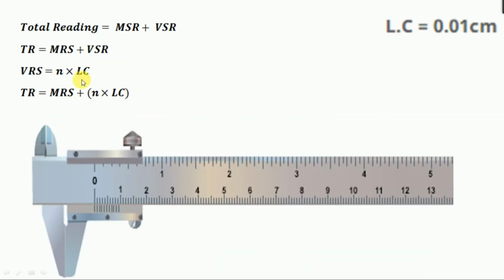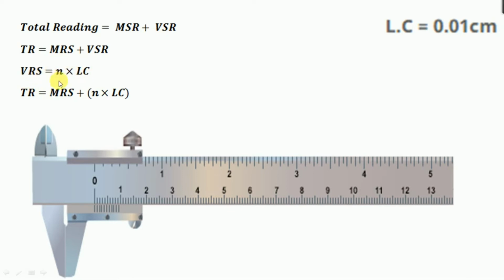Now to measure a length using a vernier caliper, we have to make use of both scales. So total reading is equal to main scale reading plus vernier scale reading, and vernier scale reading is n into least count.